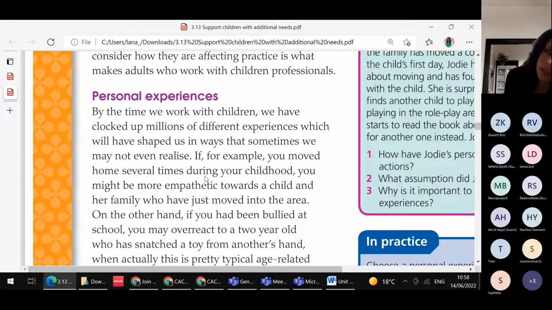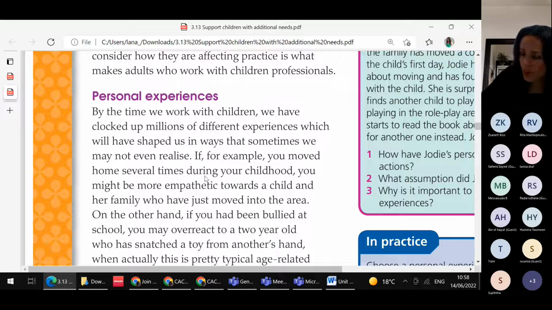Sometimes it could be in a negative way, like the book gave you example of you being bullied as a child. So you would really overreact if you see any child being bullied by other children. You don't think they are children. It's fine. You can just talk them through, make the other child feel sorry and give back what he took forcibly.